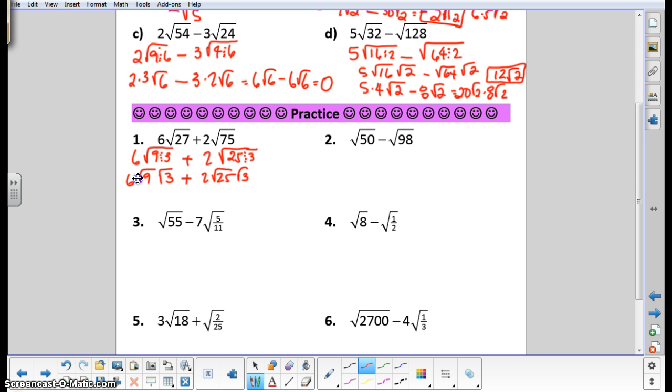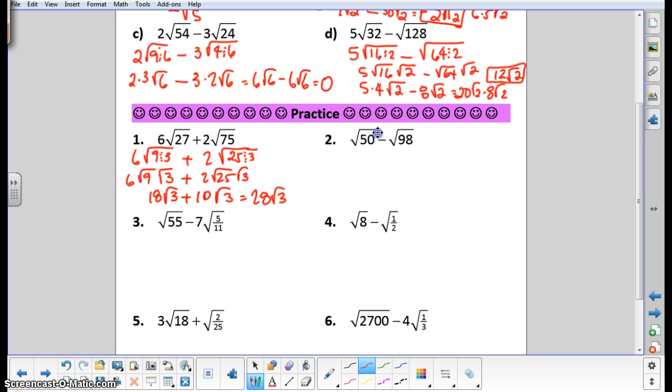So the square root of 9 is 3 times 6 is 18. Square root of 25 times 2 is 10. And then we can add 18 and 10, and we get 28 root 3. Okay, let's move on to the next one.